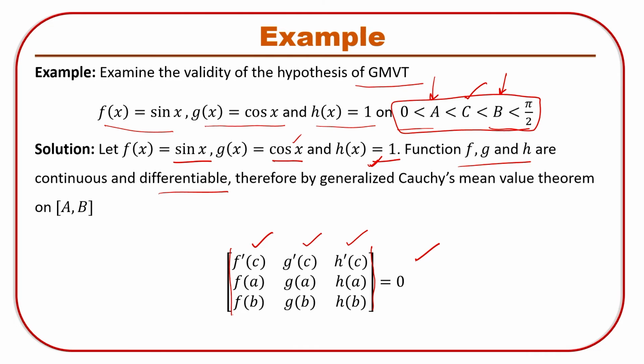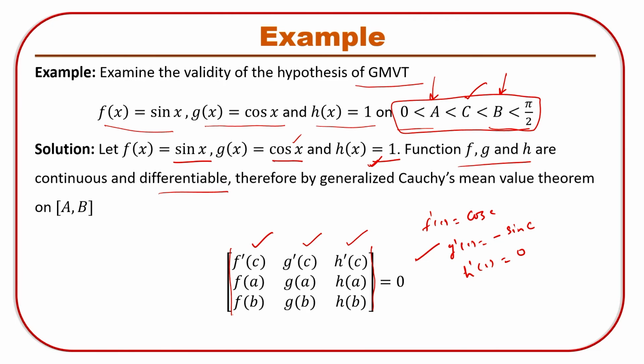Just simplify this. So, find f'(c). This comes out to be f'(c) equal to cos c, g'(c) equal to minus sin c, and h'(c) equal to 0, since this is a constant function, right?